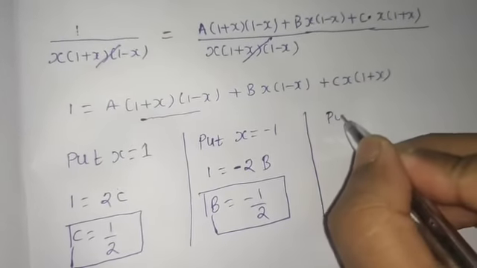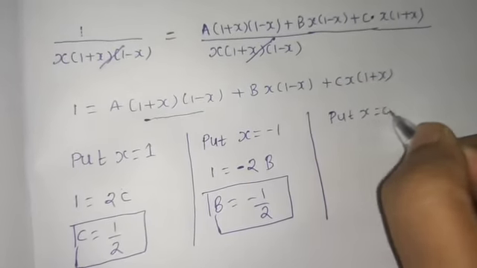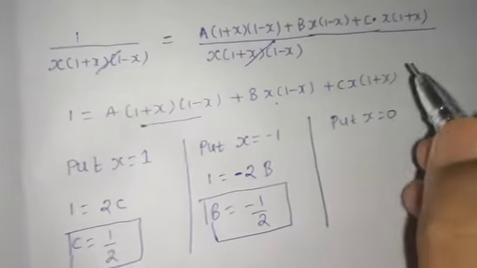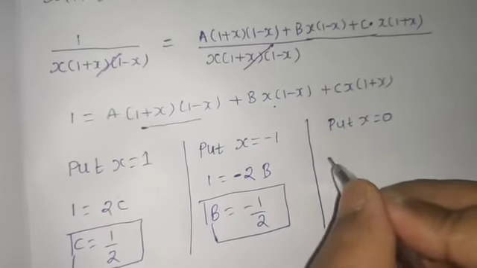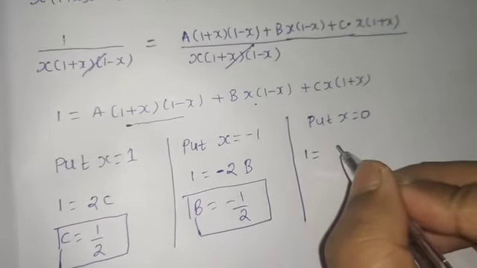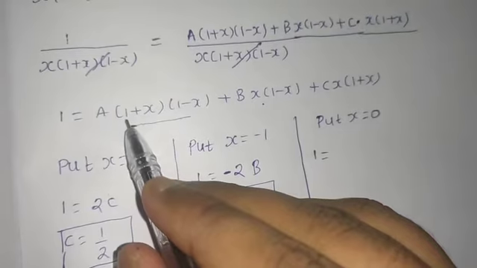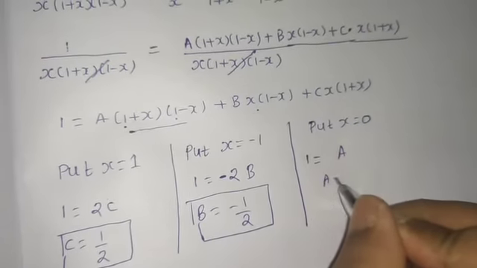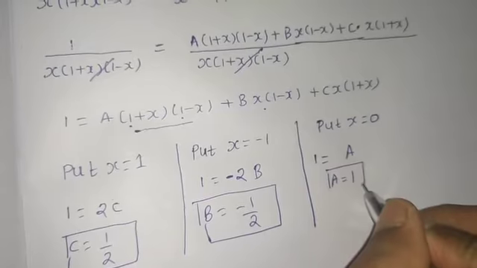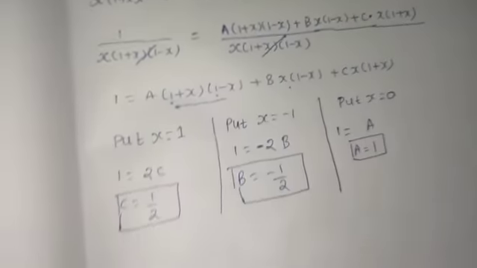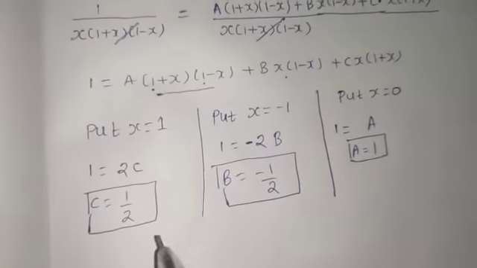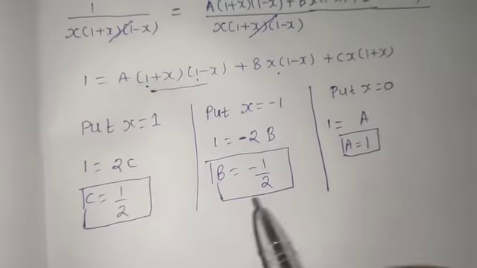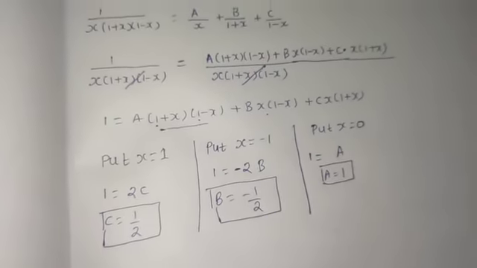Now finally put x equals to 0. So the second and third will become 0. So you are getting 1 equal to 1 into 1, that is 1. So far so good. You have got the values of A, B and C, which we will put back.